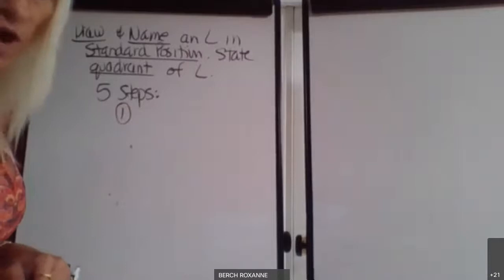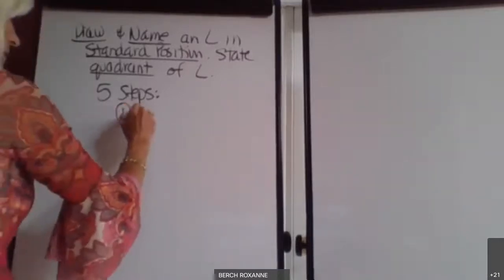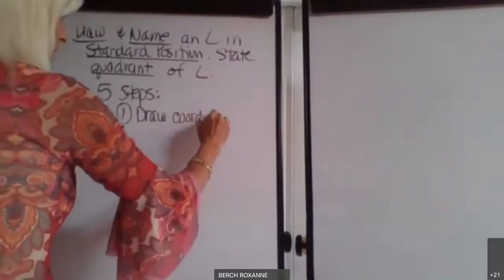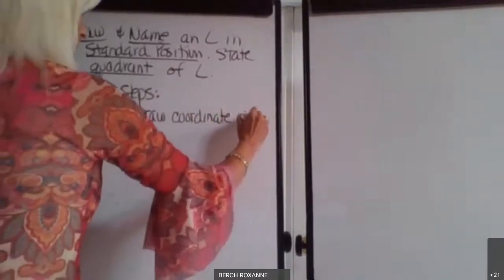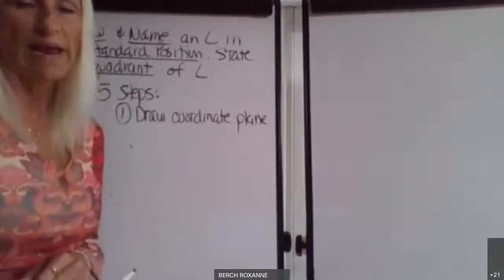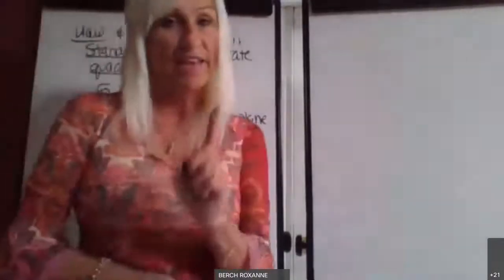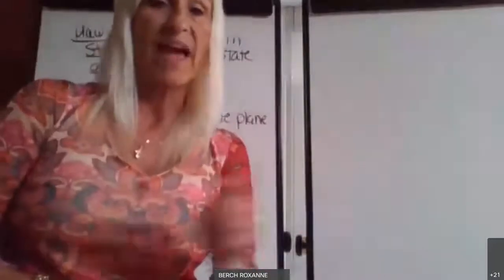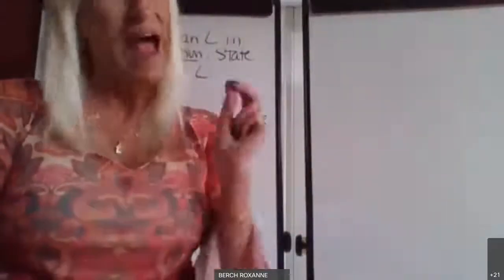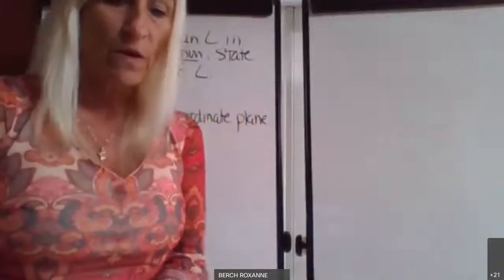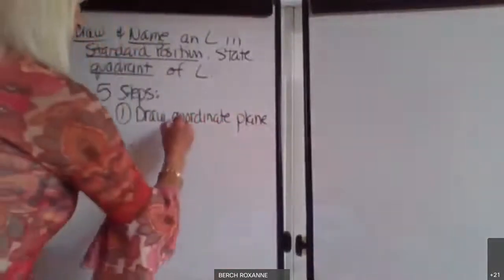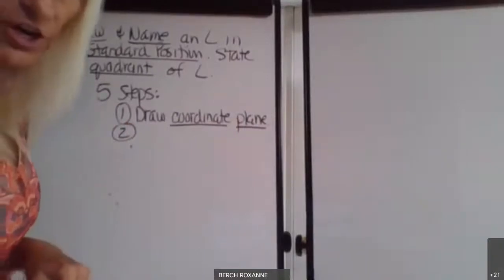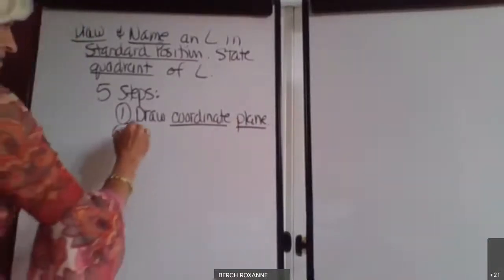Number 1, draw the coordinate plane. That means now you have to label the X and Y axes. If you do not label the X and Y axes, the pre-calculus teacher and the AP calculus teacher is going to flip out. You have to label the axes now. X and Y. The second step is you're going to draw the appropriate fractional parts.